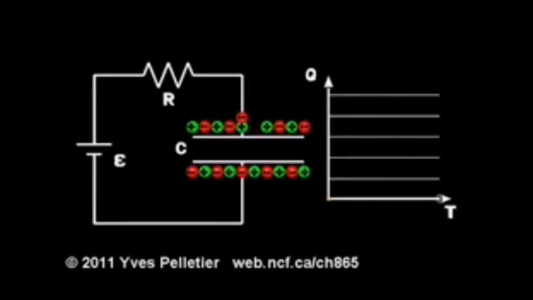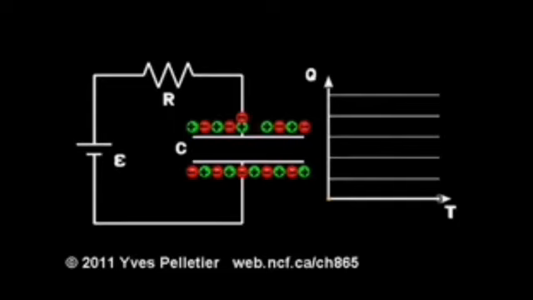First of all, on the two plates of the capacitor, you can notice the green and the red spheres. The green spheres represent the positive charge in the plate of the capacitor, while the red spheres represent the negative electrons or negative charge in the plate of the capacitor.